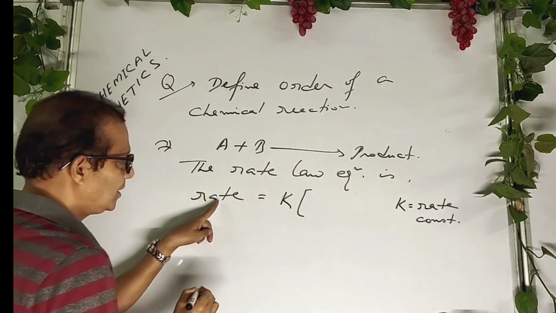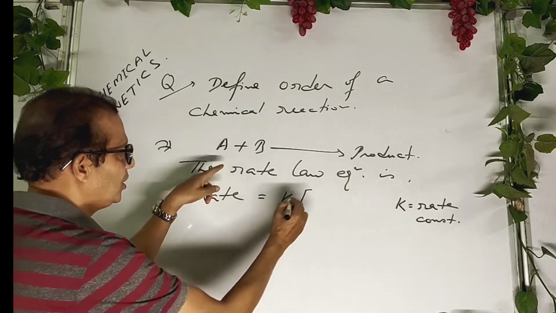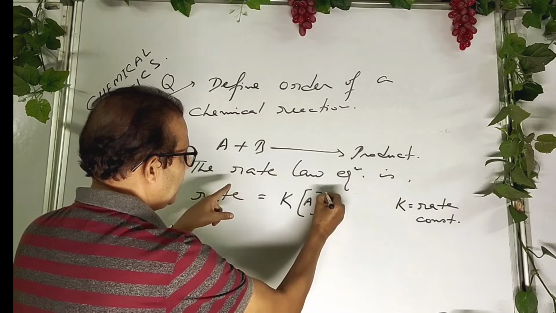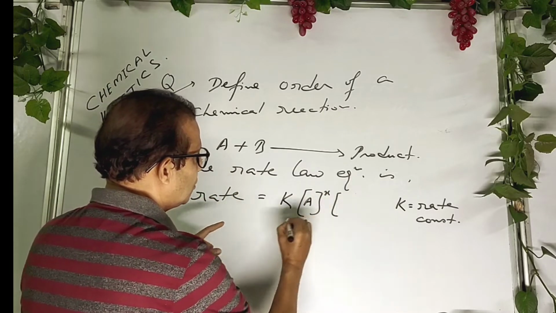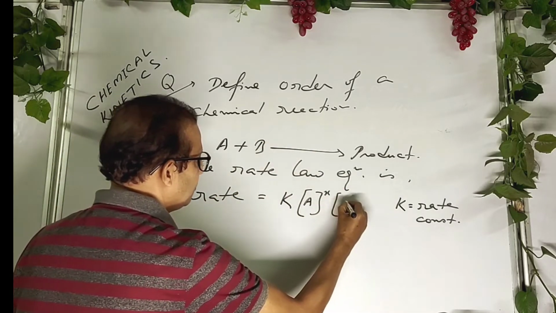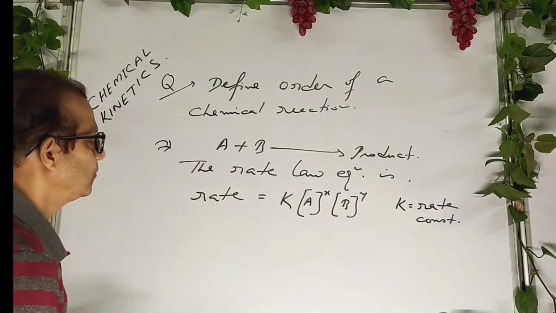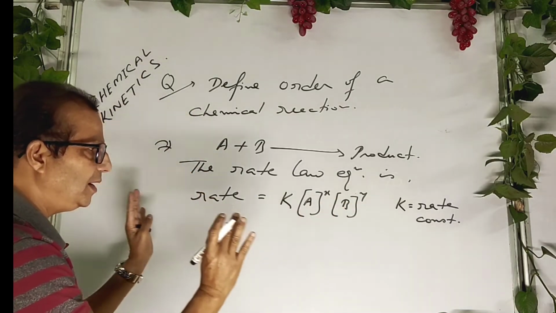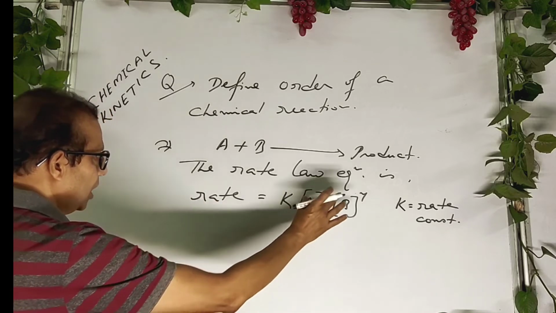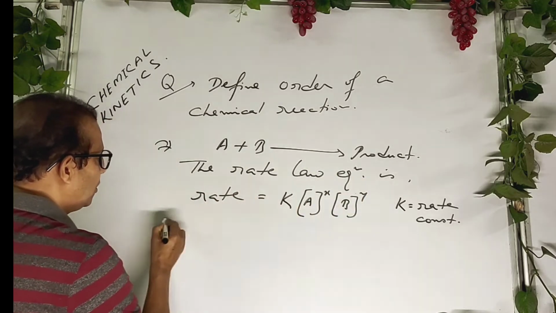Say the rate, that is speed of the reaction, depends on x power of concentration of A and y power of concentration of B. This is experimental fact. Now, how to write the order?